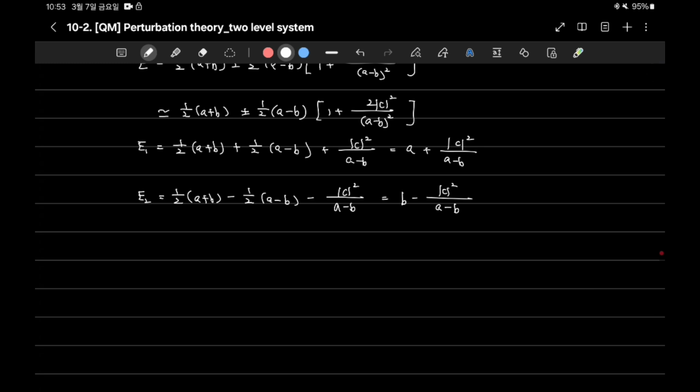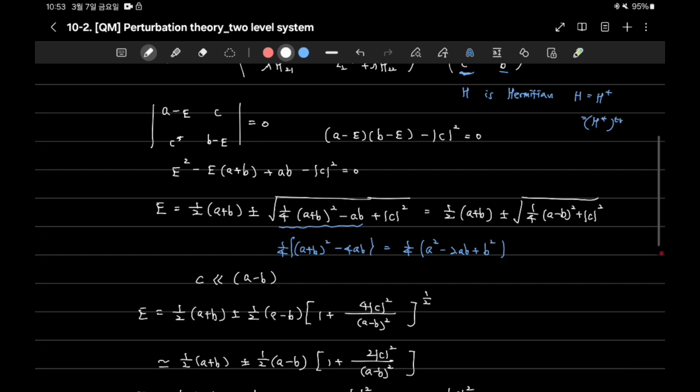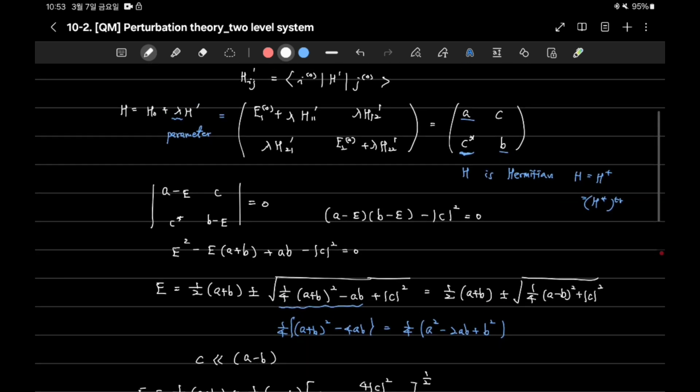Then we should remind ourselves what A, B, C are.